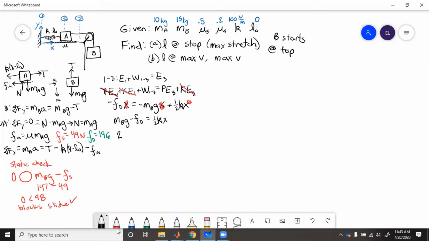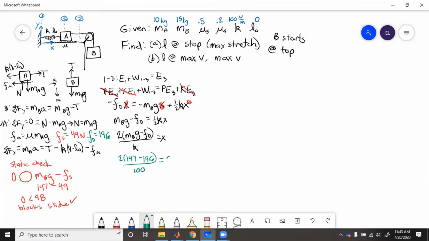So X equals 2 times (MBG minus FD) over K. So then if we put numbers in here, we get 2 times (147 minus 19.6) over 100.